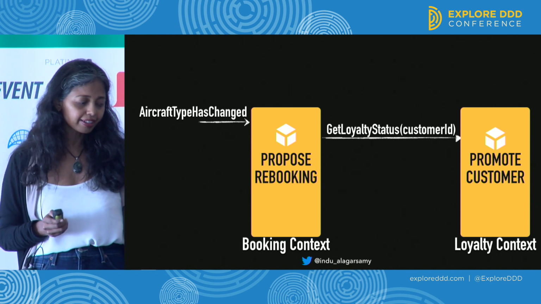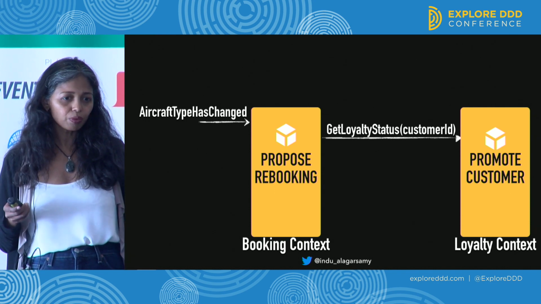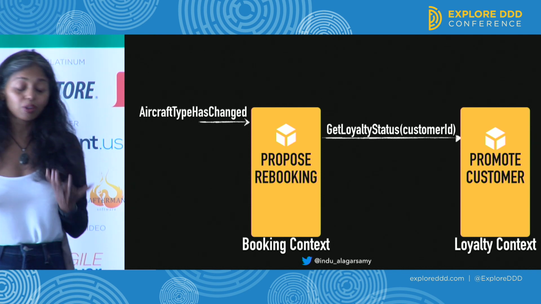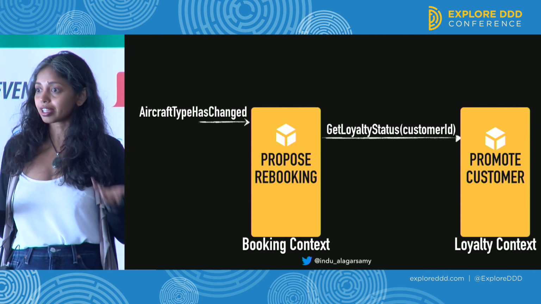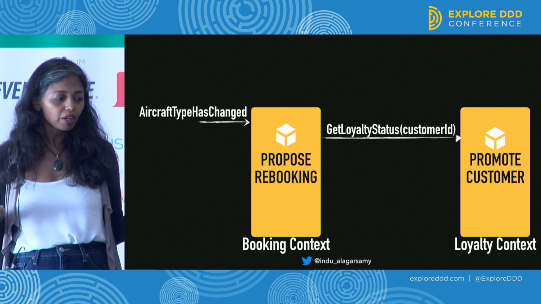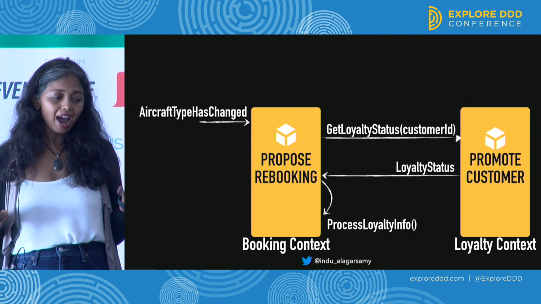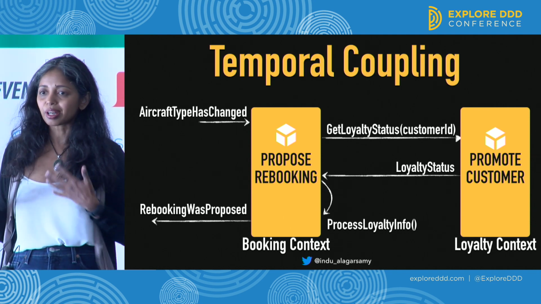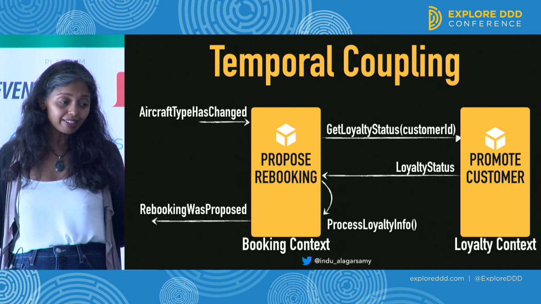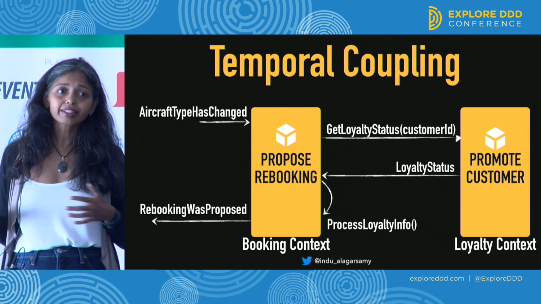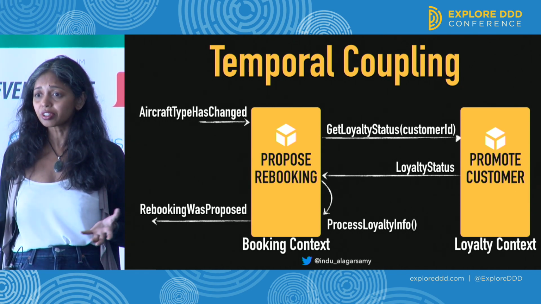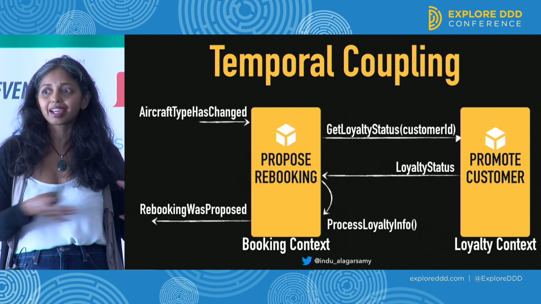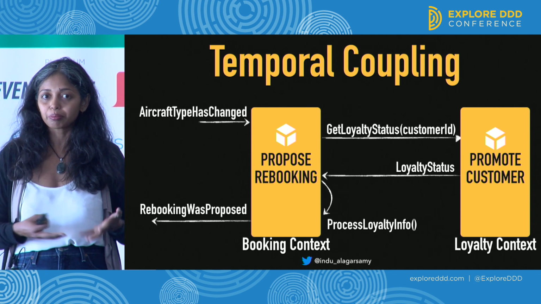One way is, now you're in a situation where one context needs data from a different context, because the loyalty context is the one who knows whether the customer is preferred or not. So you could ask the context for the data, but if you do this, then you're temporally coupled, which means that if for whatever reason loyalty isn't around, if they're doing any maintenance work, your booking context can't make decisions and proceed with the booking.